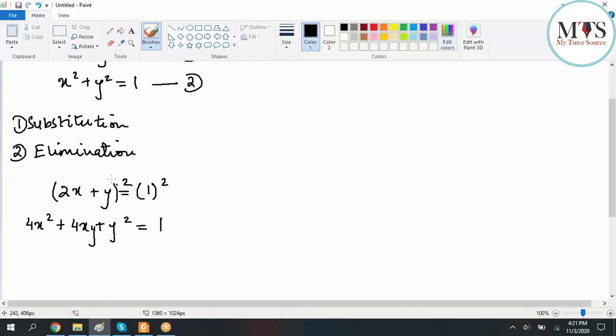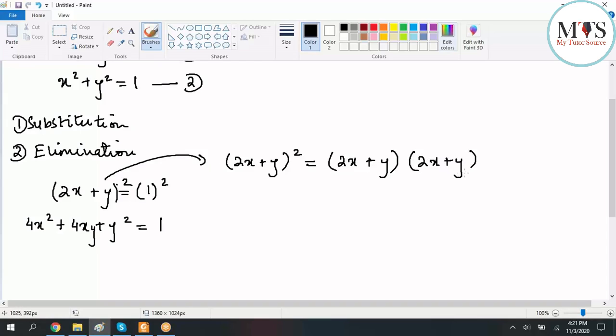How come you have 4xy again? Because look, 2x plus y whole squared is basically 2x plus y being multiplied by itself, right? So when we do that, first we do 2x times 2x plus y, then plus y times 2x plus y.